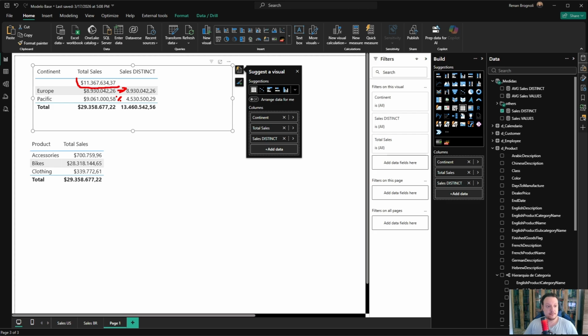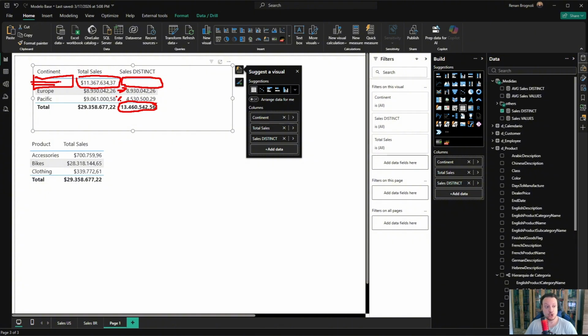The 11 million is returning null. Why? Because DISTINCT doesn't consider values that have blank keys, blank rows. So United States and Canada are being excluded from this total, because they are blank, they don't have keys.